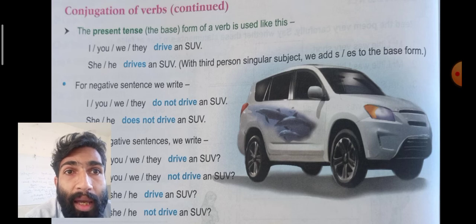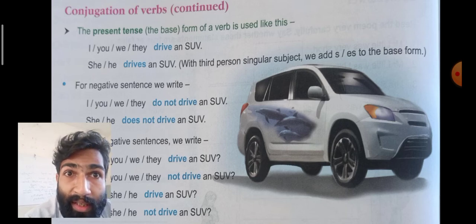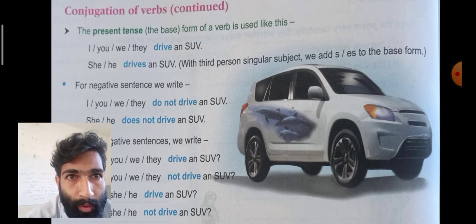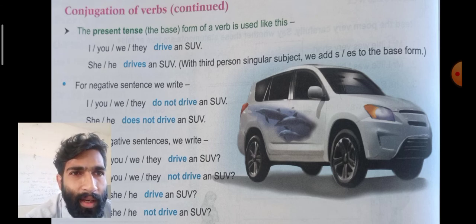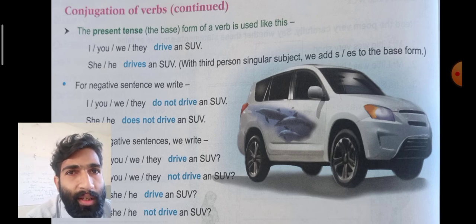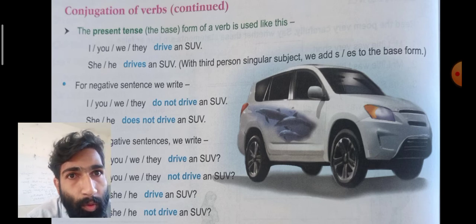So I drive an SUV, you drive an SUV, we drive an SUV, they drive an SUV. Now she drives an SUV, he drives an SUV. We don't say that it drives, because only human beings drive vehicles. Nowadays animals also have started, anyway, but mostly we say he or she. With third person singular subjects, we add s or es to the base form. See, drive plus s, so drives.